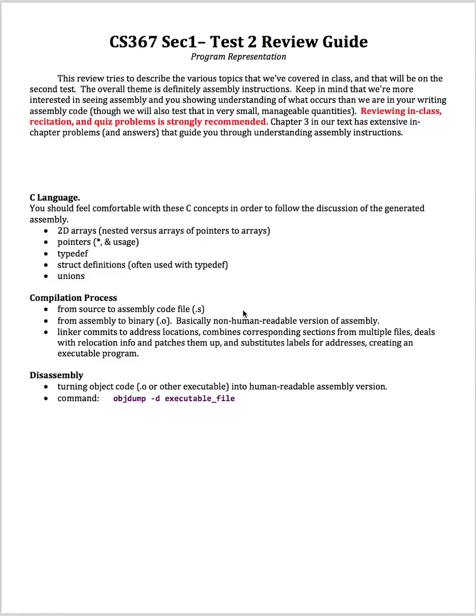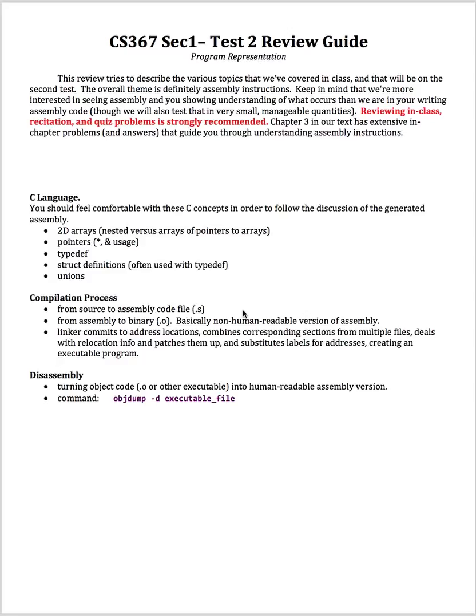You should also be aware of the relationship between C and assembly through the compilation process, where your C source code is first changed to an assembly code file, which is a .s file, and then assembly code is translated to a binary file, or .o file, which is basically a non-human readable version of assembly.